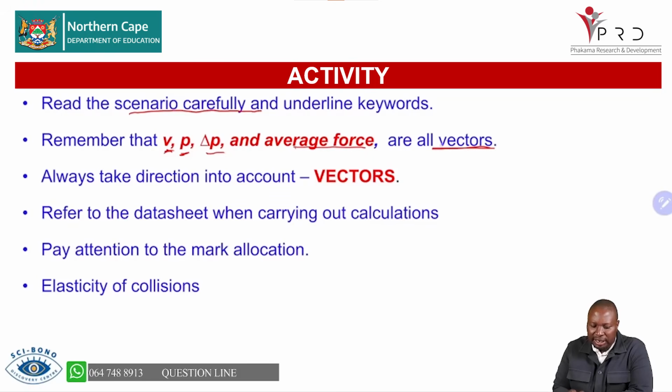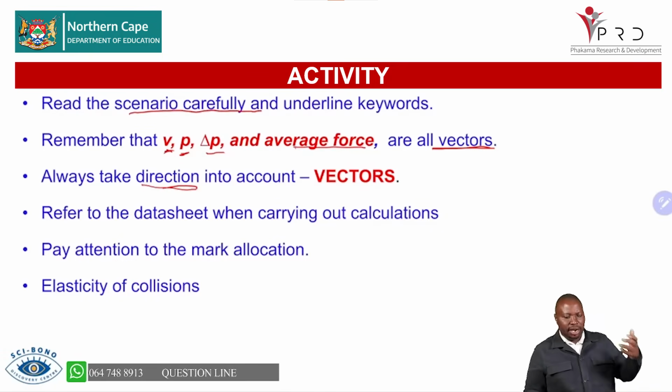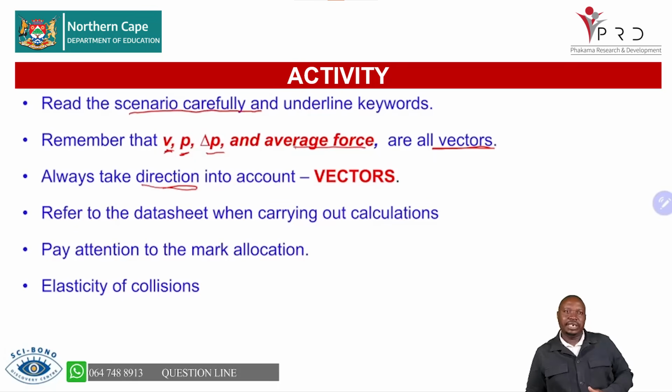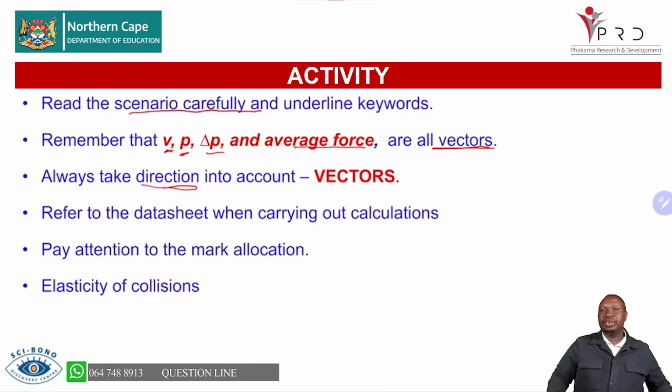They are all vectors, and if they are all vectors, we always have to talk about their direction. If the question says calculate the velocity, be careful. The question can say calculate the speed, which is a scalar quantity. When you say speed, don't show the direction. But when you say velocity, we're talking about a vector quantity. Momentum is a vector, change in momentum is a vector, and average force is a vector. So for all of those you take the direction into consideration.